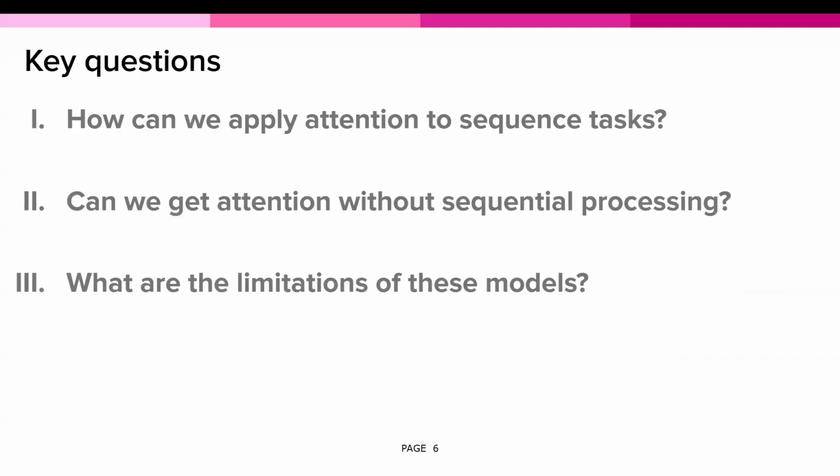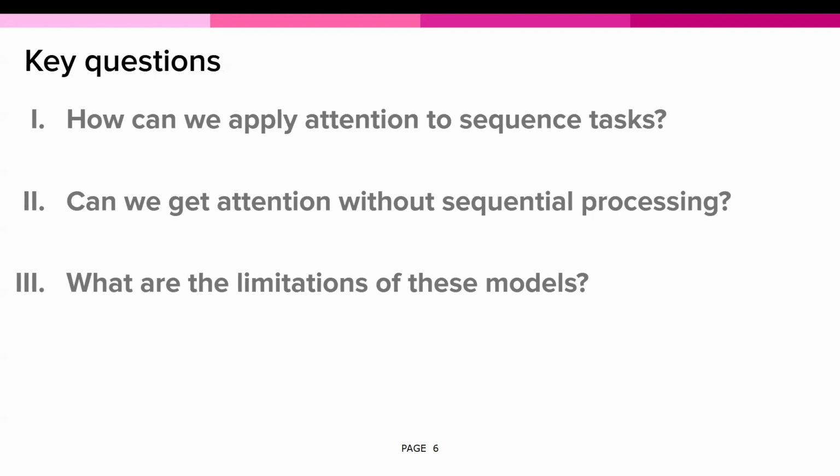For today's lecture, we're going to start thinking about how we can apply attention to the sequence tasks that we started talking about in recurrent neural networks. We're then going to get into a really interesting question, relevant to today's large language models: can we get attention without sequential processing?